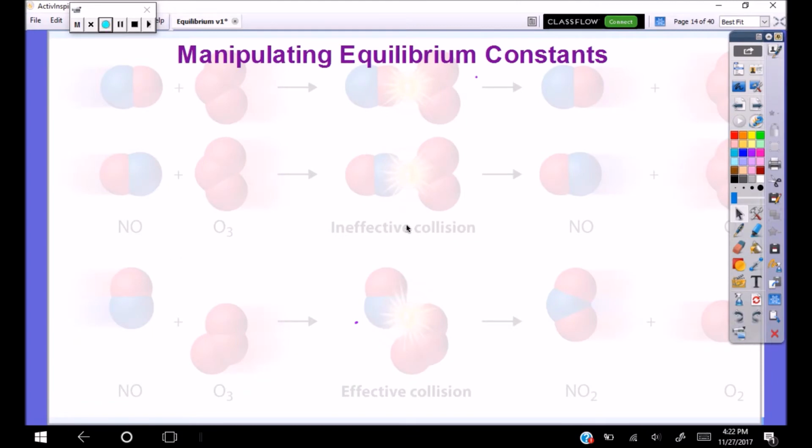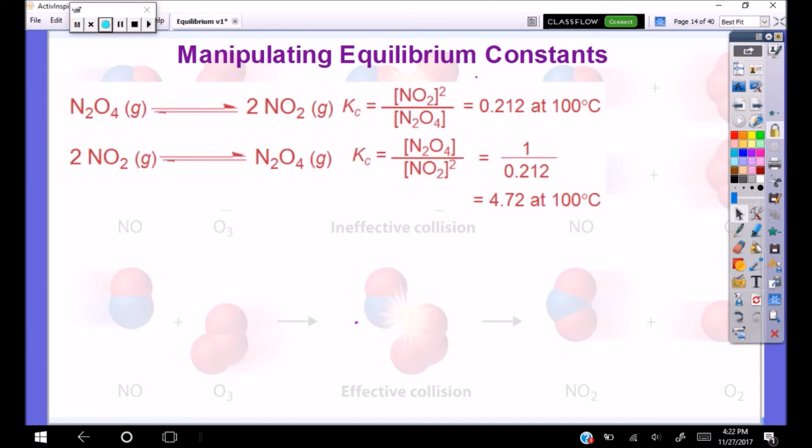Okay, so we can also manipulate equilibrium constants much like we would in thermodynamics with delta H or in electrochemistry with our E naught. With equilibrium constants, there are a couple of special rules. So we know that in the forward direction we have products over reactants.